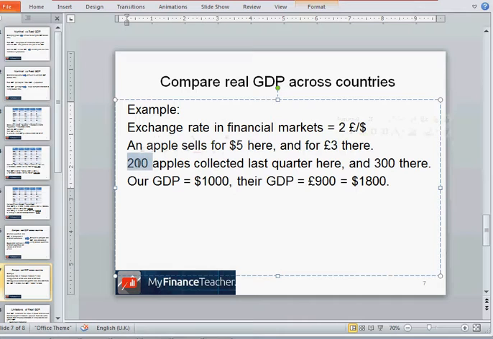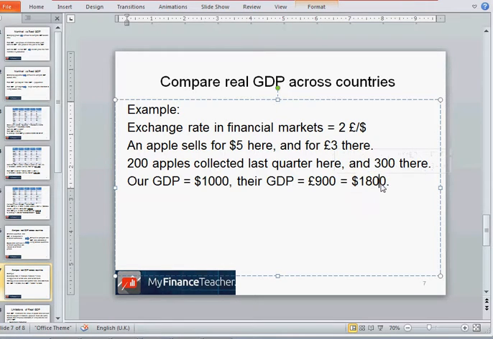Say only 200 apples were produced last quarter in our country, whereas 300 apples were produced last quarter in the other country. Given the price and the quantity, our GDP last quarter would be $1,000, whereas their GDP last quarter would be 900 pounds, the quantity of apples multiplied by the price. According to the exchange rate on the financial markets, 900 pounds has a value of $1,800.